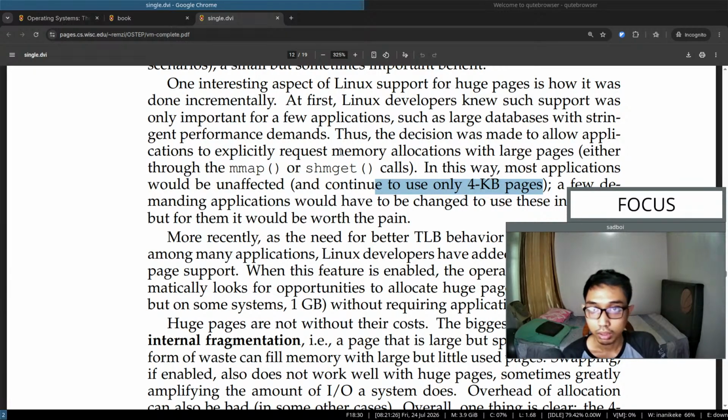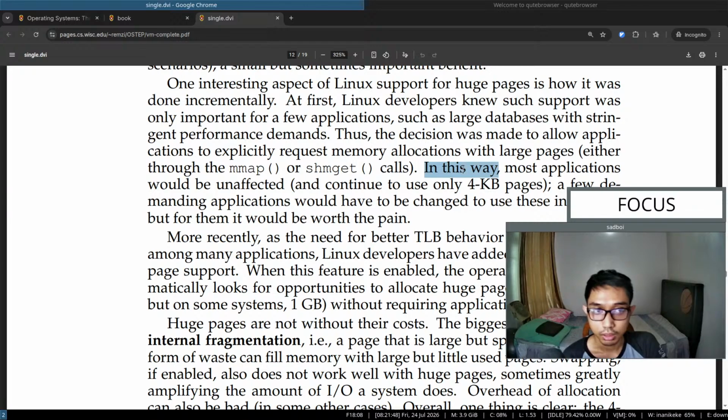The decision was made to allow applications to explicitly request memory allocation with large pages, either through mmap or shmget system call.